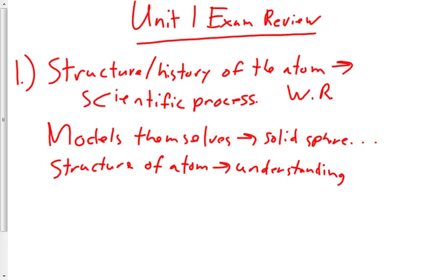I might say, draw me a picture of beryllium. That would tell me, does he or she know how to use the periodic table to find the number of protons, and do they understand that the number of neutrons is the atomic mass minus the atomic number, and that in an atom electrons and protons are present in equal numbers, things like that. So it's a checking of your understanding.